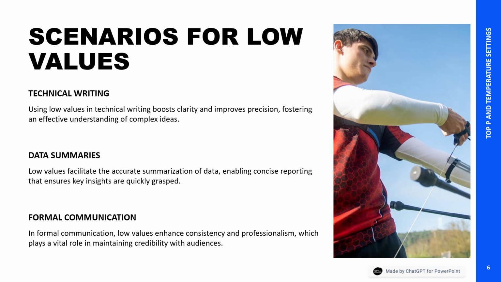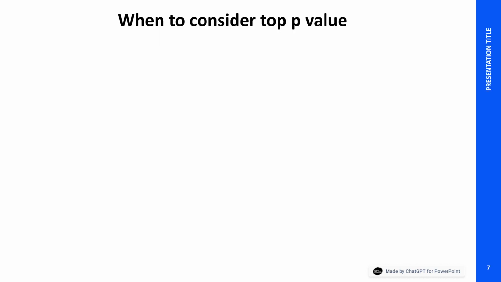And in formal communication, low values enhance consistency and professionalism, which plays a vital role in maintaining credibility with audiences. Very simple, right? So these are the three scenarios. There could be many scenarios, but just to build an understanding of where you should use low values and where you should use high values, that was my purpose.